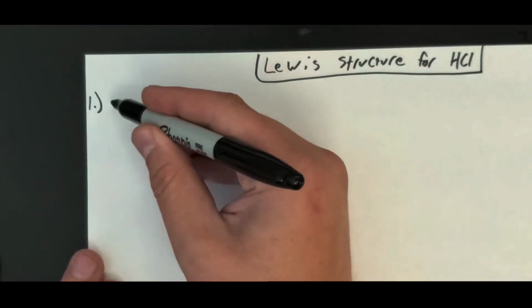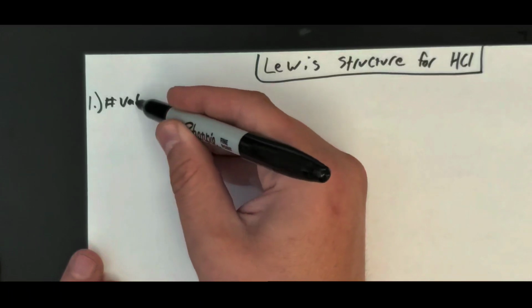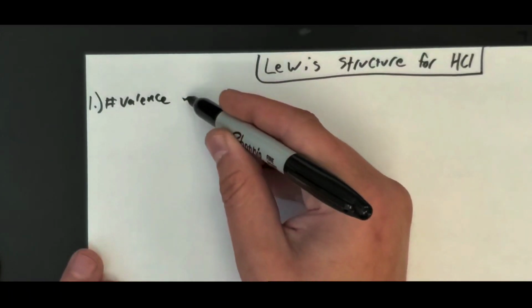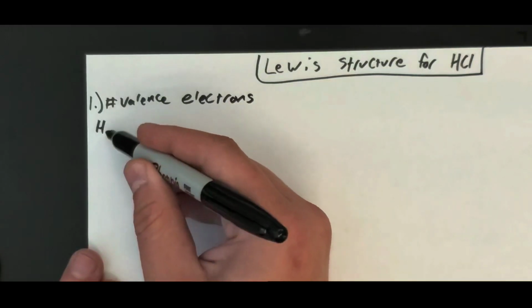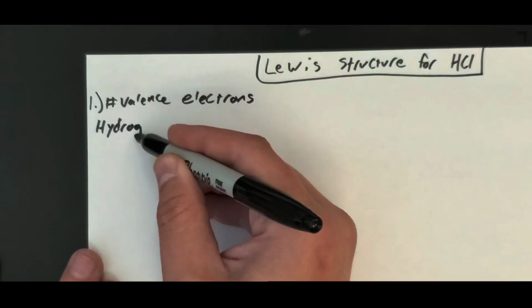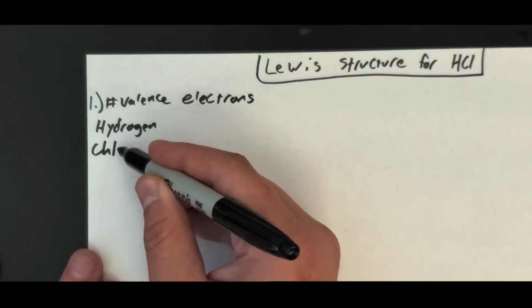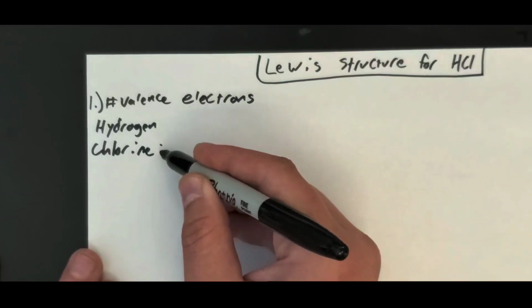So part 1, number of valence electrons. Hydrogen and chlorine make up this molecule.